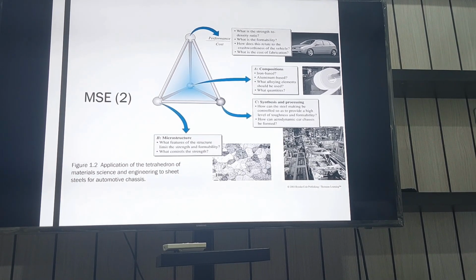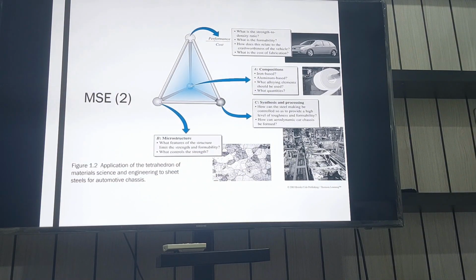Iron 70, aluminum 30, or aluminum 70, iron 30. Which one? Aluminum 70, iron 30. Why? Aluminum 70 means the car is lightweight, but not as weak as 100% aluminum.